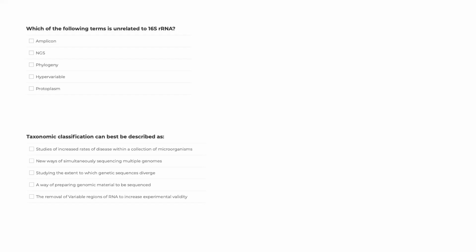Okay, so yes, most of you got number 3. That is correct. So we'll talk about how we can study genomic material. We look at it by divergence or difference.